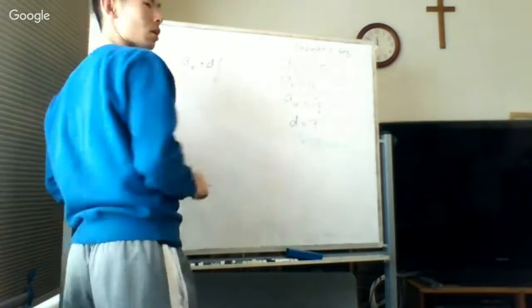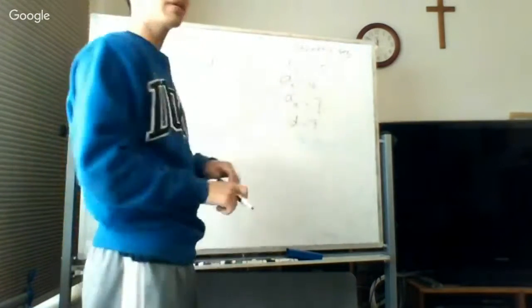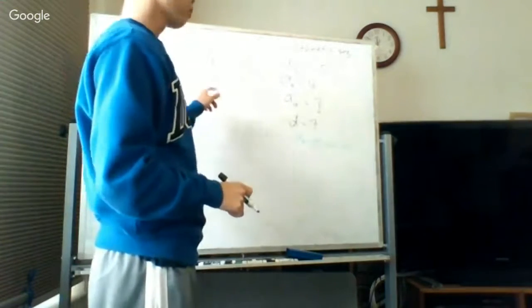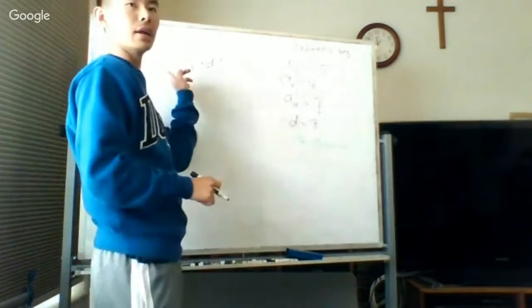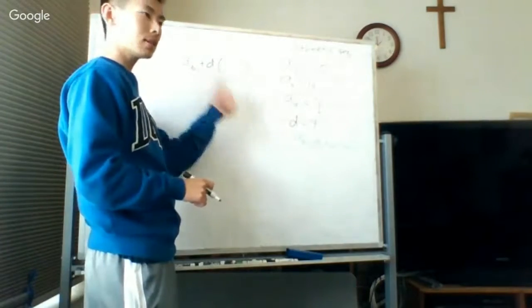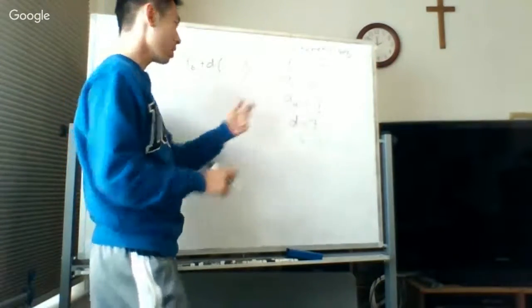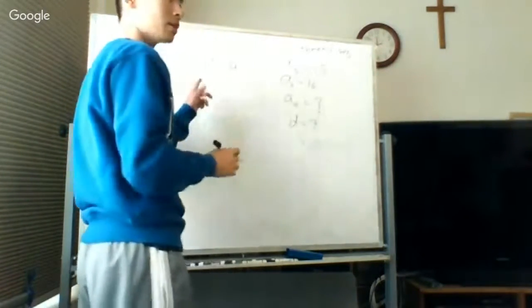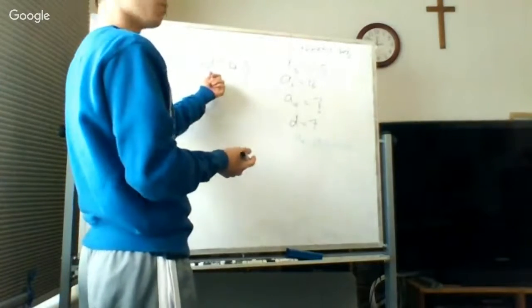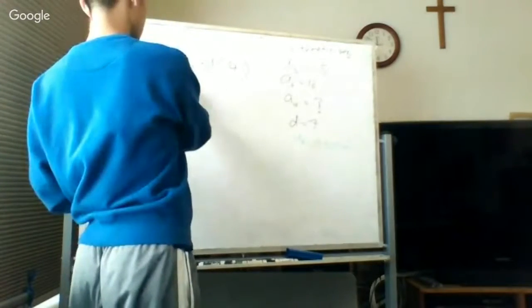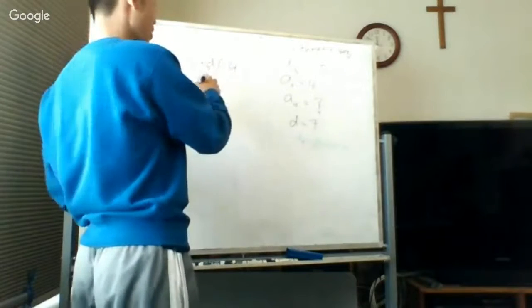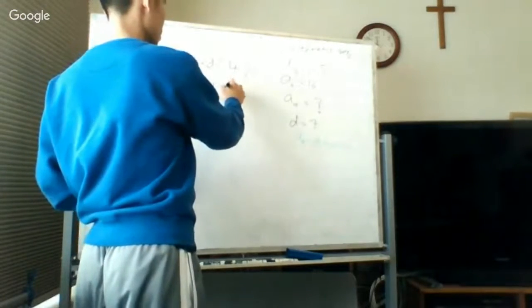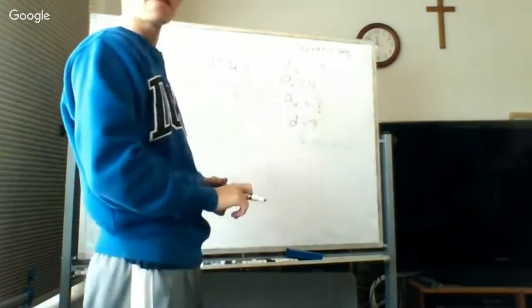How many times should we add D if we're going to go from A6 to A10? 6 to 7, 7 to 8, 8 to 9, 9 to 10. That's 4. Or you could just do 10 minus 6, right? And then we know what D is. So instead of solving for A1, we could just do that.